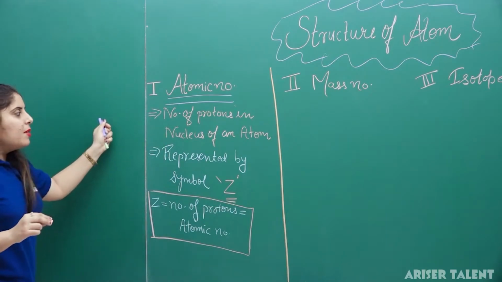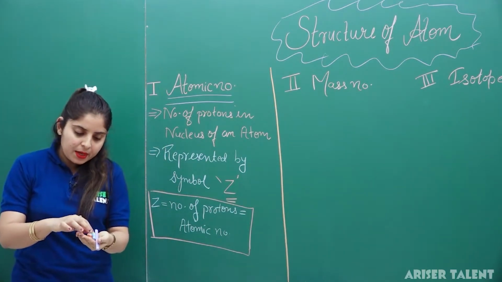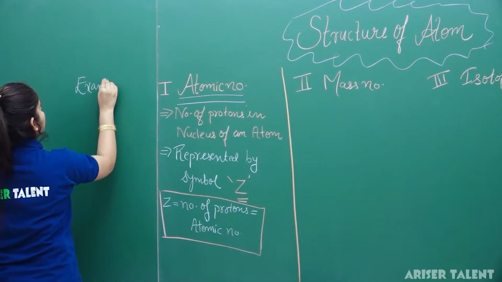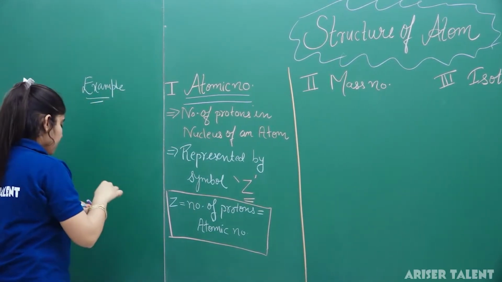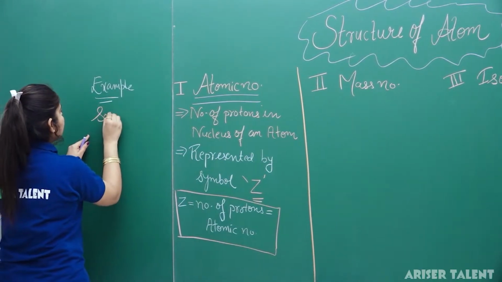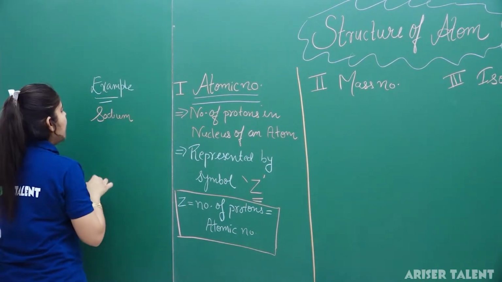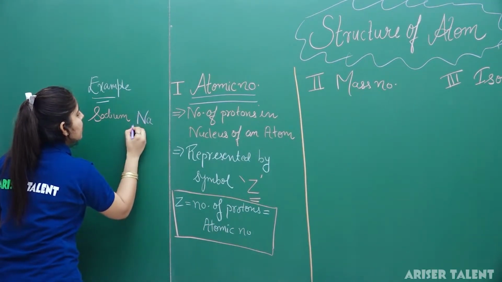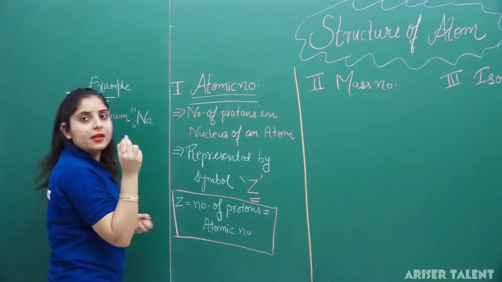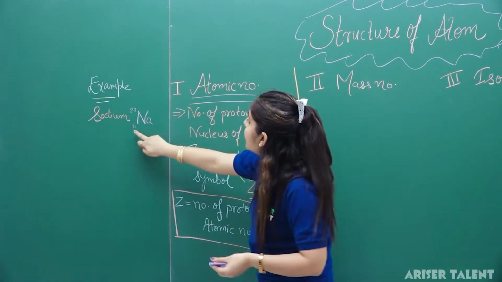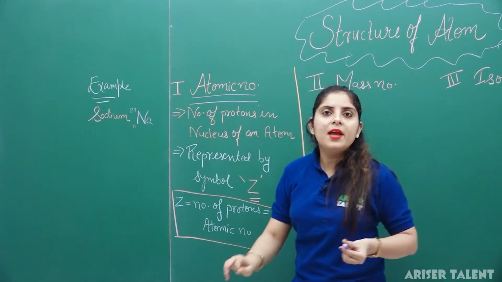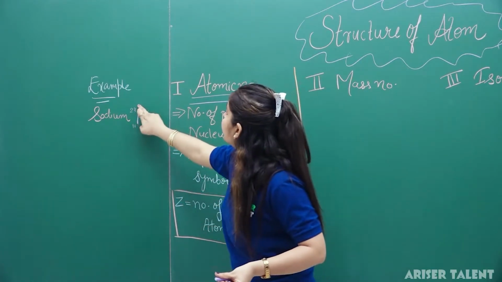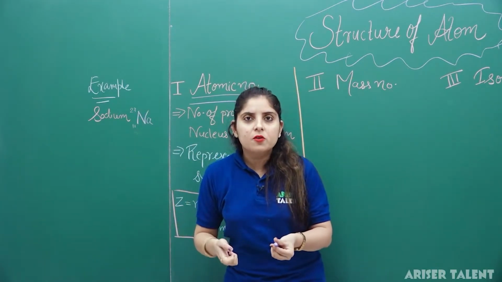Now, to make atomic number clear, I am considering an example. Suppose we have sodium, and this sodium can be represented as Na, with 11 below and 23 above. What is happening here? The 11 is the atomic number of the element, written in the lowermost part of the symbol, and 23 is the atomic mass of that element.